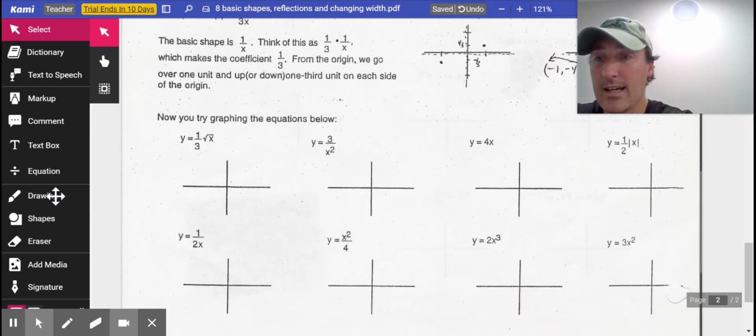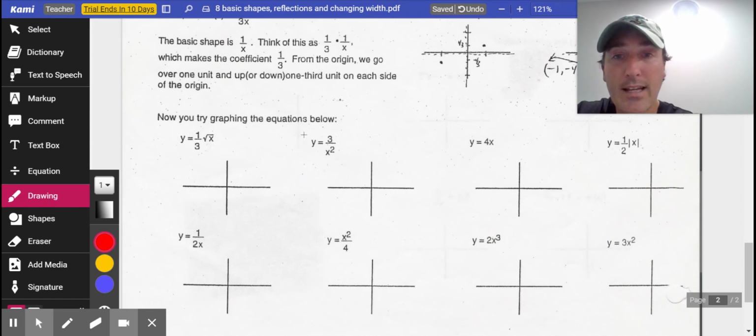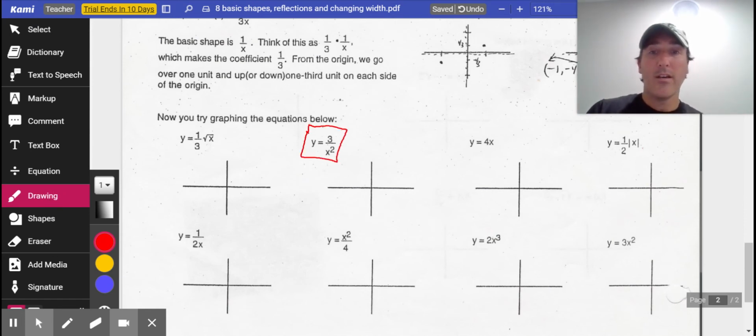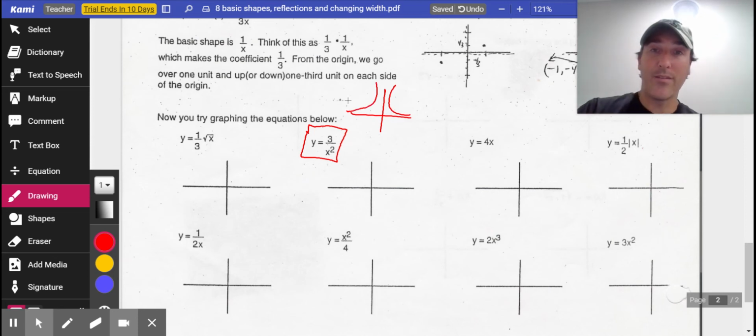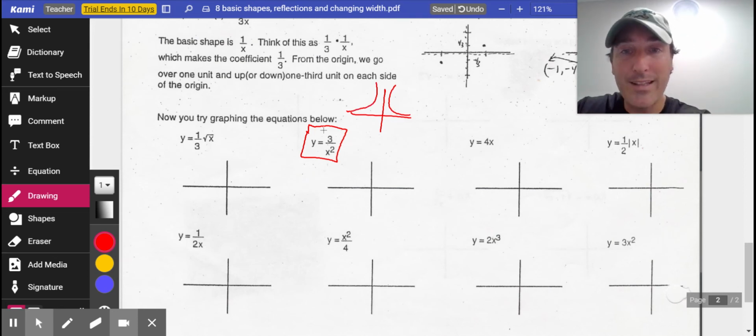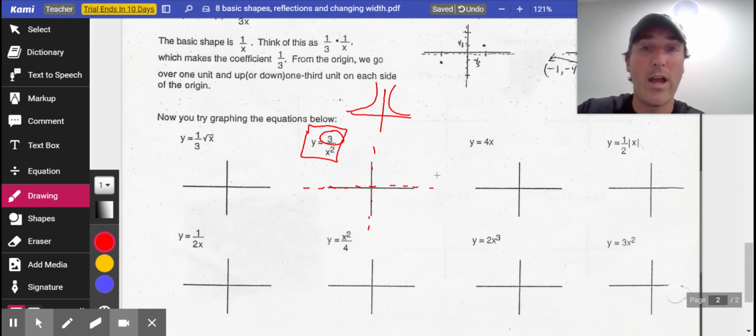Let's take a look at the second example. The first thing you should always identify is the basic shape. Since the x squared is in the bottom, that stands out. This is the Atari shape, where they're both above. There's no negative in front, so it's not going to flip. But this a value of 3 means this graph is going to rise above the HA a little bit quicker. The HA is still y equals 0.